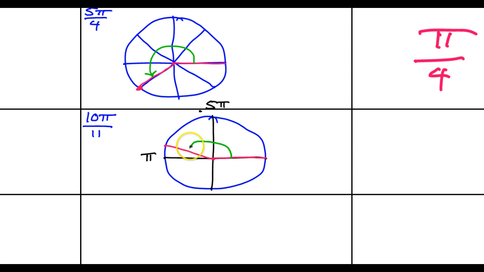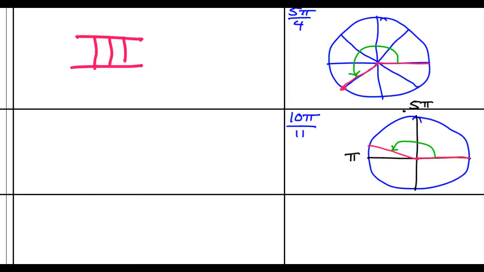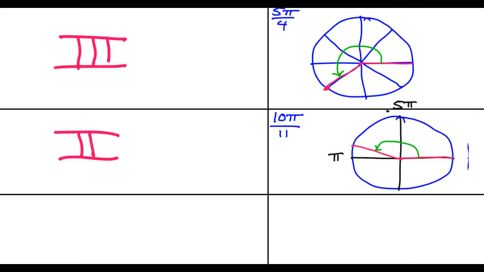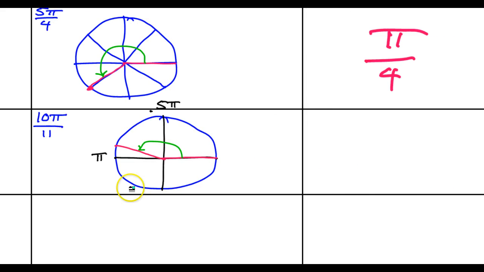This is what our sketch would look like for 10 pi over 11. So clearly that puts us in quadrant 2. But this sketch will also help us with the reference angle. Because it's not a nice special angle like pi over 4, pi over 3, or pi over 6, I'm going to have to do some subtracting to find my reference angle.